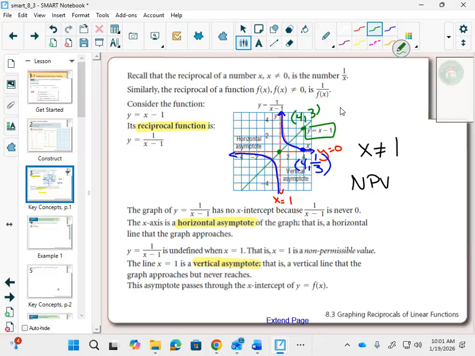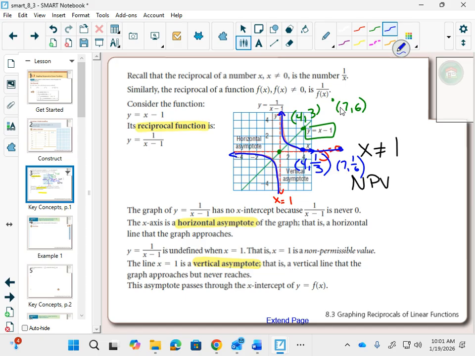The reason we have a horizontal asymptote is if I keep going to the right. So for example, on this graph, I could plug in 7 and I would get 6. And then if I did the reciprocal of that on the blue one, I would have (7, 1/6). Can you see that I'm even closer to y equals 0 at that point?